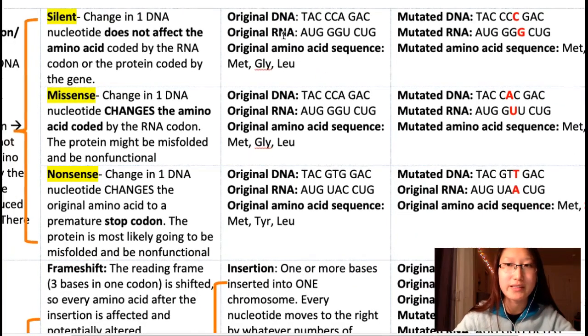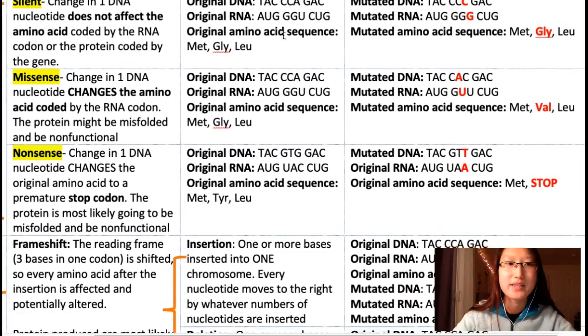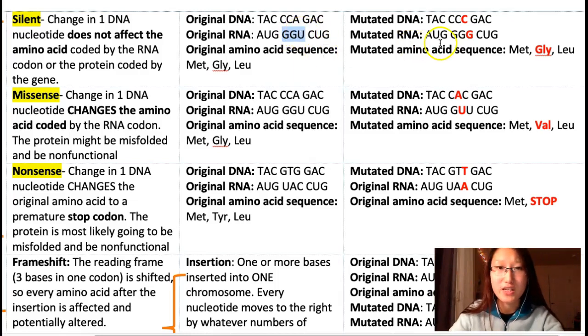So let's take a look at this example that I gave you guys. We have silent mutation on the top, changing one DNA nucleotide. In the original DNA, I changed this A base right here into a C right here. So the corresponding RNA was supposed to be GGU. That's before the mutation, but after the mutation, now it's GGG.